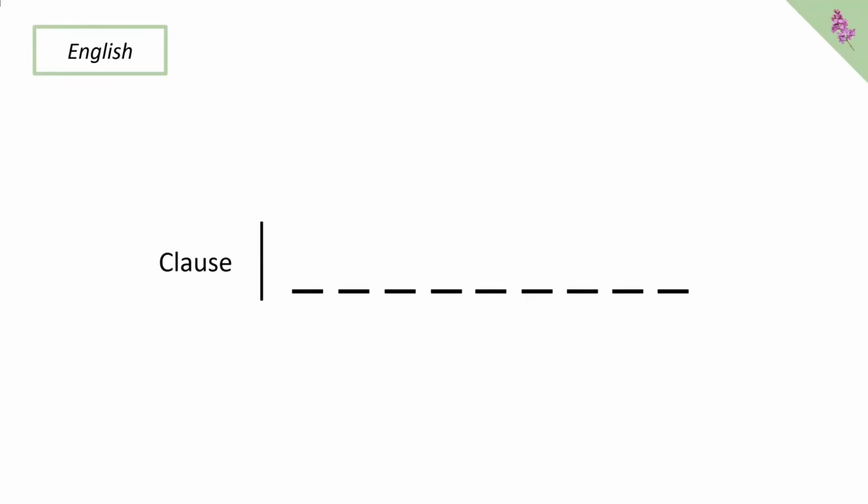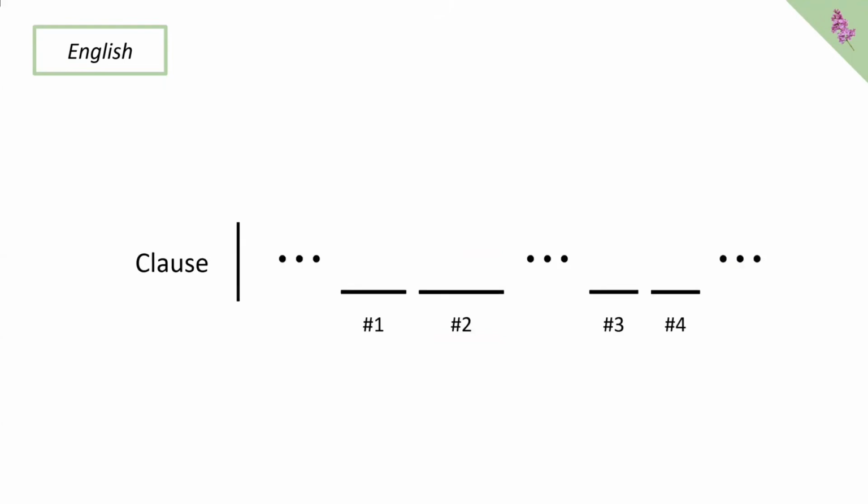Every English clause can be broken down into a number of clausal positions. However, for our purposes, we need only consider 4 of these positions. I'm just going to say that again to be as clear as possible. In English, there are far more than just 4 clausal positions, but for the observations we're about to make, sticking to the smallest will be sufficient.